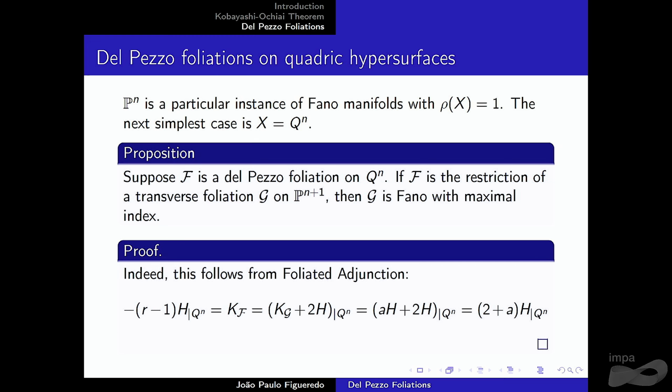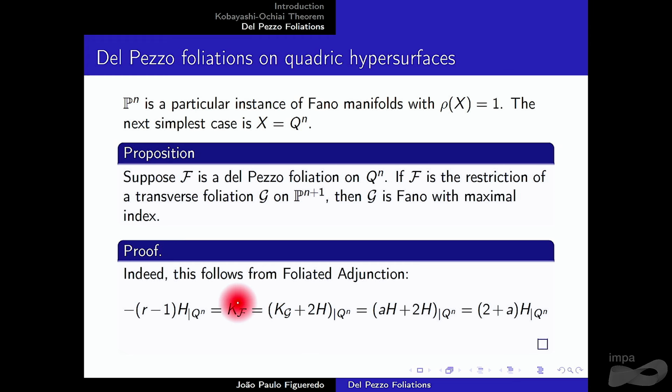Let's suppose we start with this foliation F on Qn. Suppose it's the restriction of a foliation on the whole space. So this foliation is a Fano foliation with maximal index. And this will be easily seen by a kind of adjunction formula for the canonical bundle of the foliation.